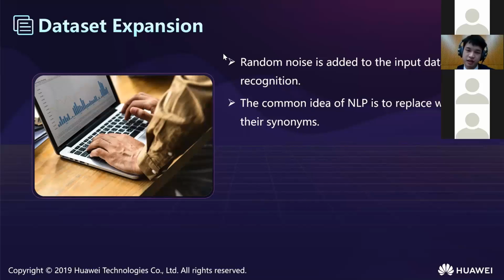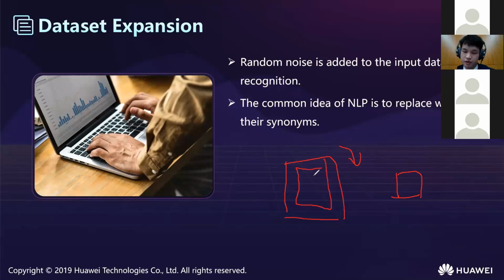And if the input is an image, we can just rotate the image, or change the shape, or choose part of it, for example, choose the center of this image, and we can get another image. And that is how we can get more data sets.